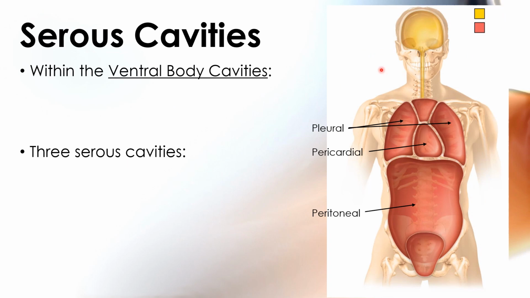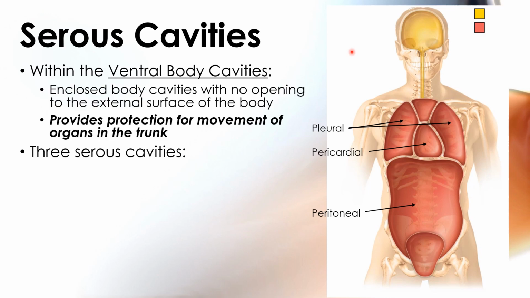Okay. So within these body cavities, we have serous cavities. Or think of them like serous membranes. Okay. So this is an enclosed cavity with no opening to the outside. So what this does, think of it like a protective lining around the organ. Okay.